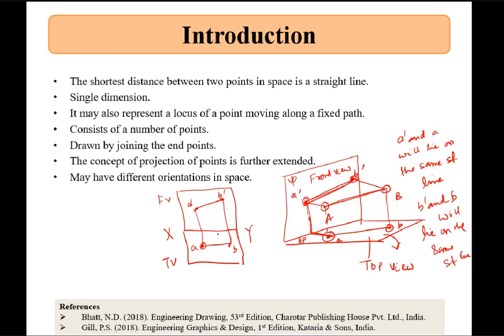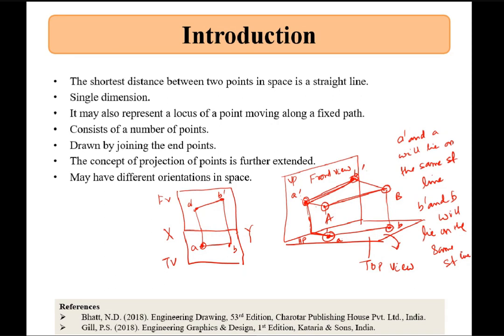Yes, you will. I will explain problems to you. I will be explaining different orientations of a straight line. In this case, I will be explaining problems. Then you'll get to know how we get the front view and top view. For the time being, have you understood the concept that you are projecting point A onto VP and HP and you are projecting point B onto VP and HP and you are joining them by straight lines?